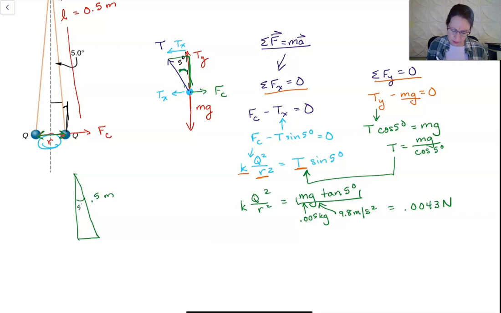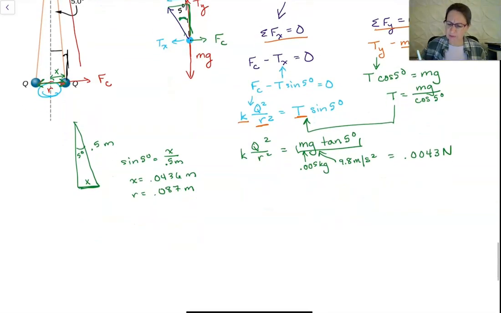This is 5 degrees, and so it's pretty straightforward to get this distance x, which would be half of the radius. So in fact, we can see that x is on the sine. We can say sine of 5 degrees is equal to x over 0.5 meters, or x is equal to 0.0436 meters, or my r is about 0.087 meters.